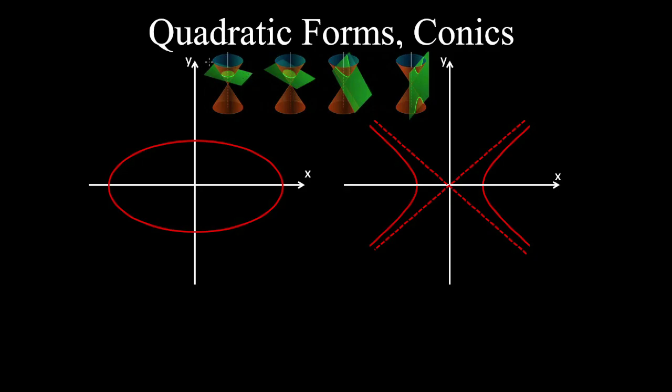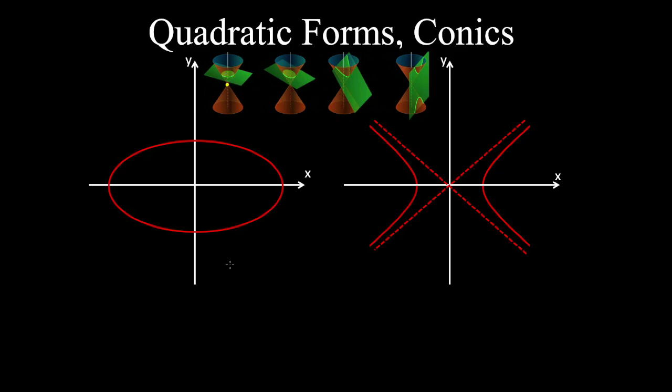Recall that the conic sections can be formed by cutting a plane through a cone or a pair of cones with a common vertex. And if the cutting plane went through the vertex, we'd get degenerate conics.